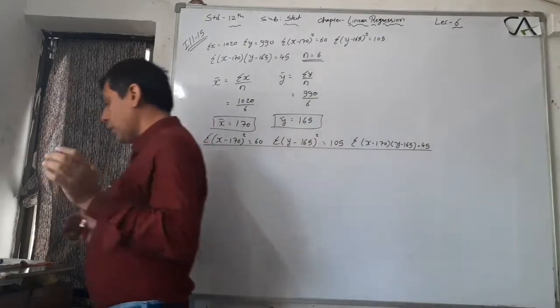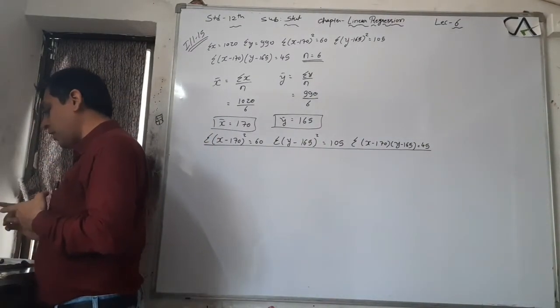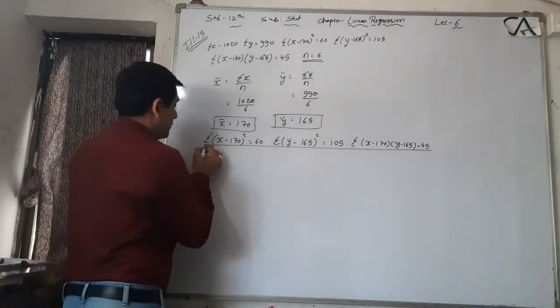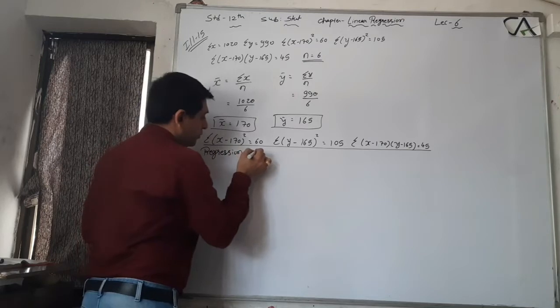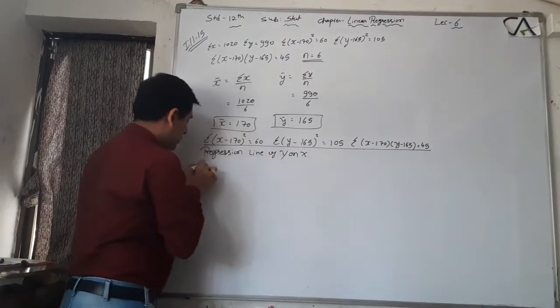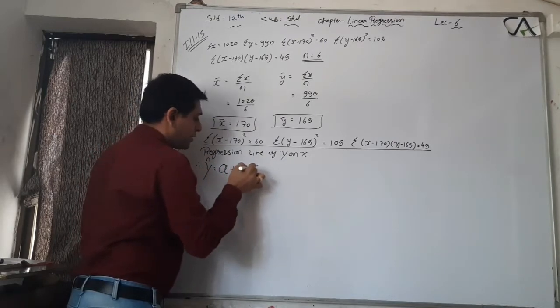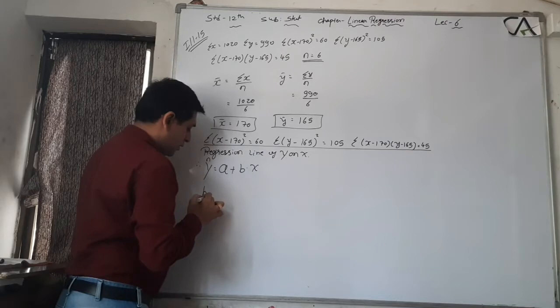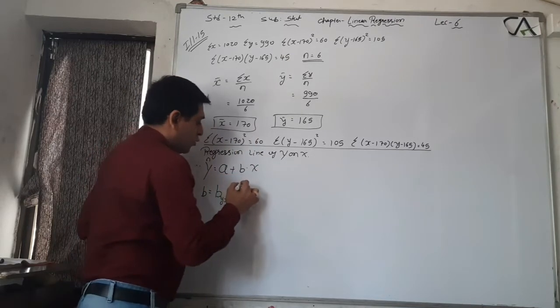Okay. Now read the question again. Obtain the regression line of heights, that is y on x. Regression line of y on x, that is y cap is equal to a plus bx, where b is equal to byx. Which method do we have to use?